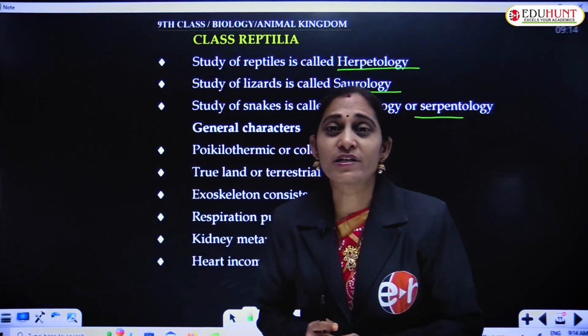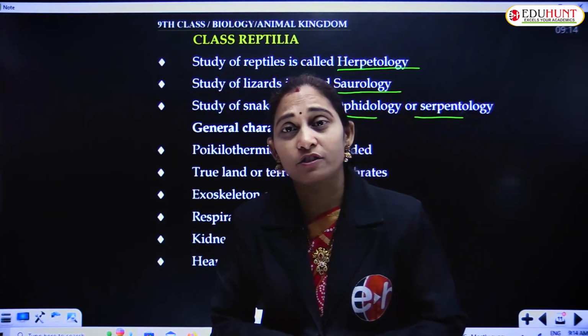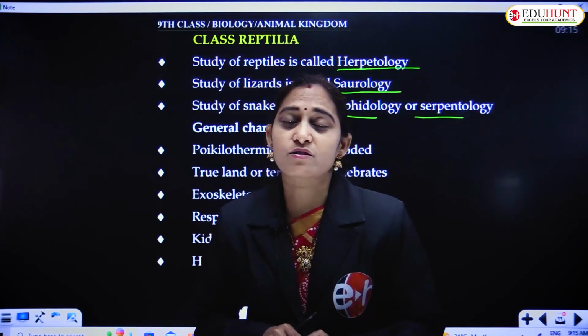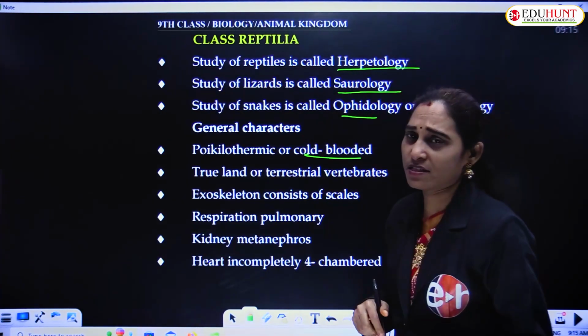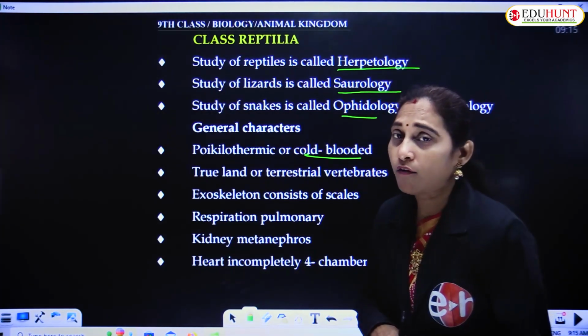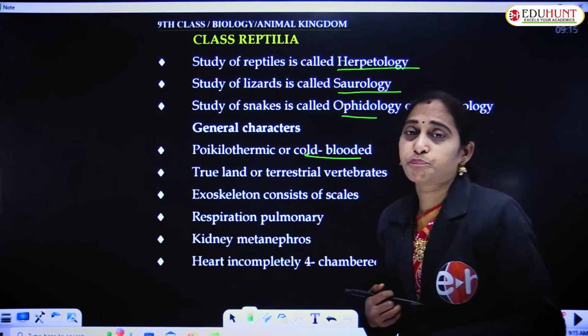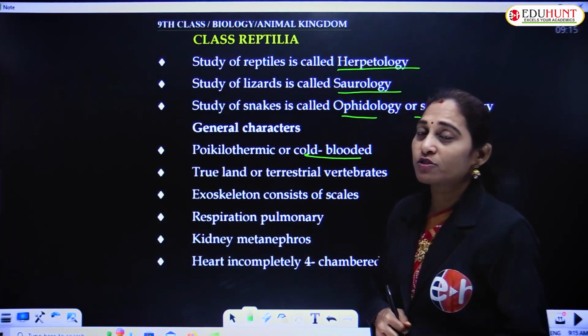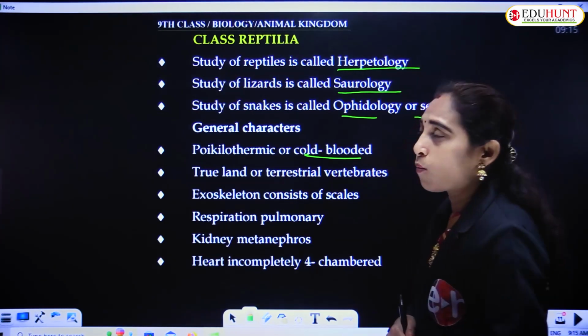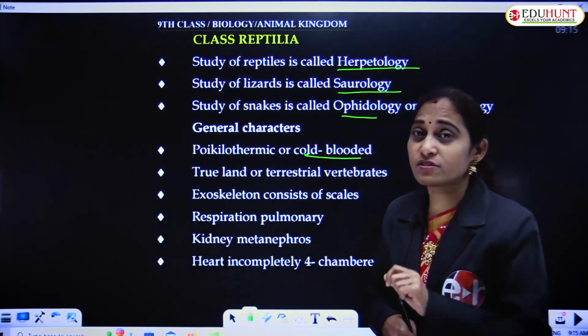If the surrounding temperature rises, the body temperature adjusts to that as well. That is called poikilothermic or cold-blooded. This is the primary feature of class Reptilia. And these are true land animals, the first terrestrial vertebrates.